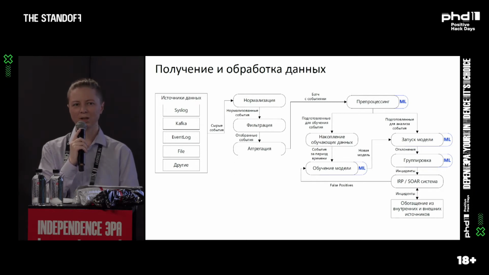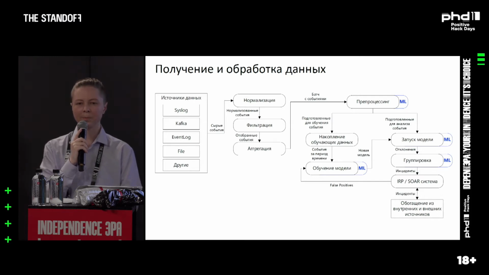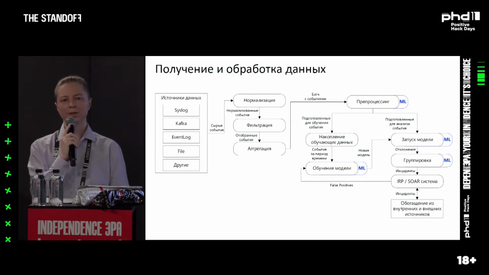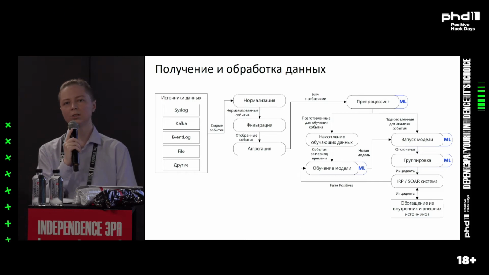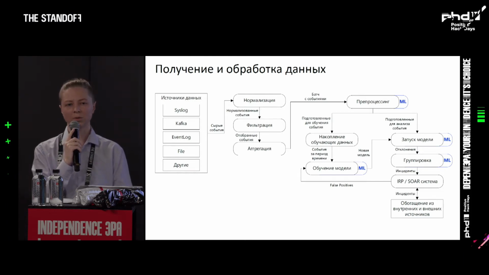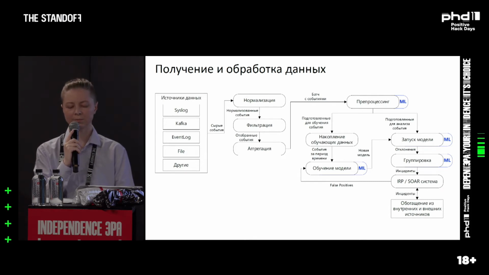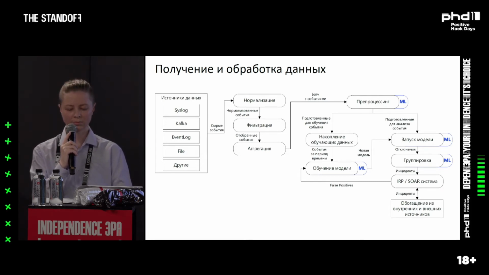We would normally train the models at least once a day. Because if you do not do that, the model becomes obsolete and starts generating too many false positives and misses anomalies.